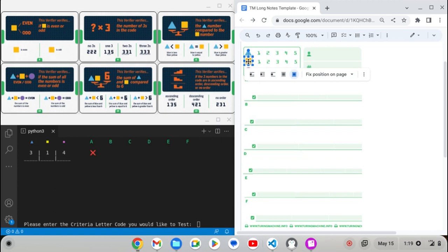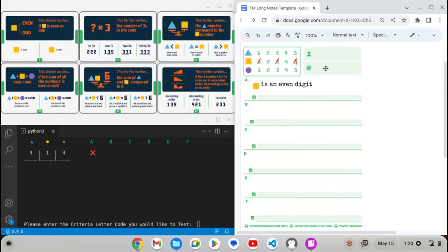So I'm going to write that down in my notes for criteria A. So square is an even digit, and so I'm going to come up above and eliminate all of the odd digits for my square. The only valid values are 2 and 4.